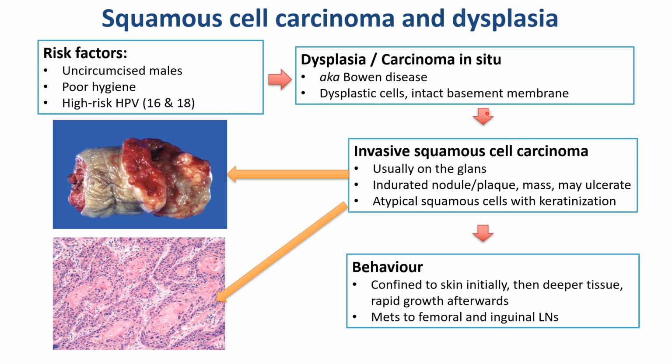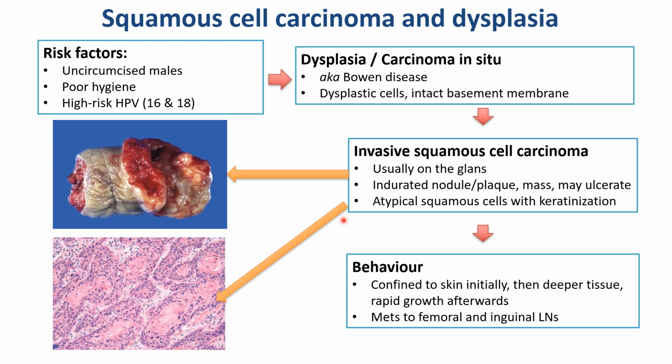Subsequently, if the basement membrane is breached, then the patient will develop invasive squamous cell carcinoma. The location of squamous cell carcinoma is often on the glans. They can form an indurated nodule or plaque, or they can form a large mass. Often they are ulcerated, like you can see in this image here.